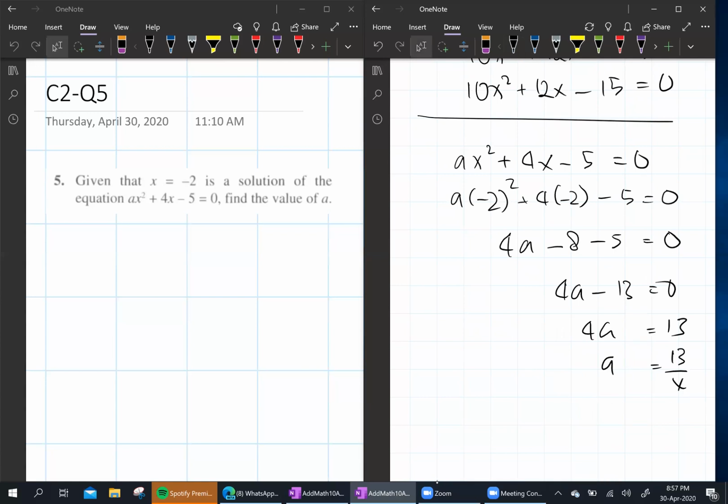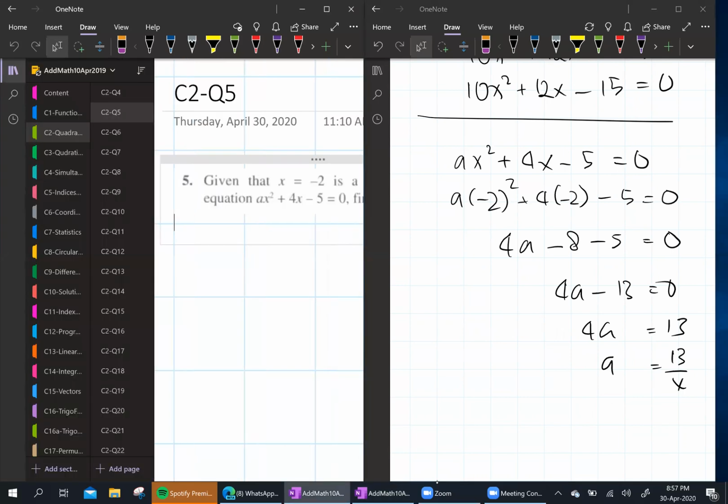No, negative 13 over 4. Yes, I forget to turn it into positive after. Okay, then we go to question number 6.